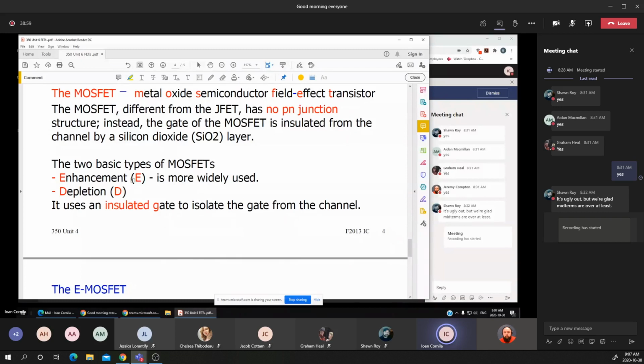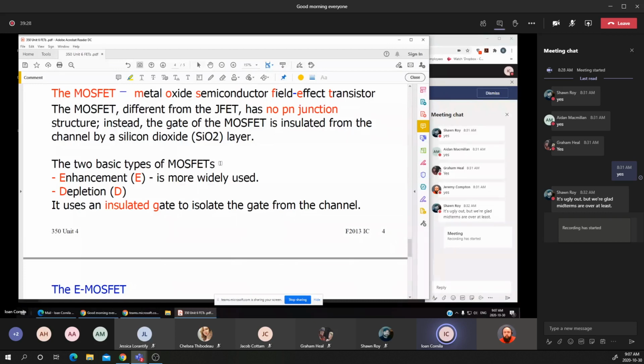Now, let's see what's the main difference between the JFET and the MOSFET. Basically, there is no junction between the substrate and the gate. You notice that in the previous type, the JFET, the junction FET has actually a physical channel and has a junction between the gate and the substrate, or the channel.